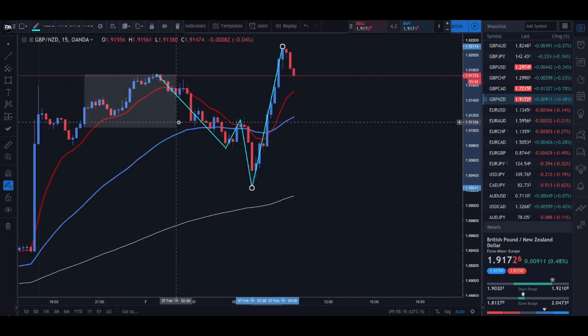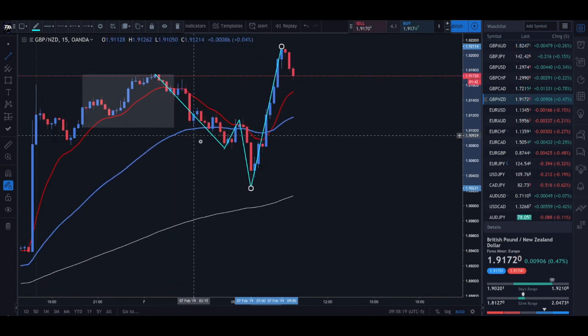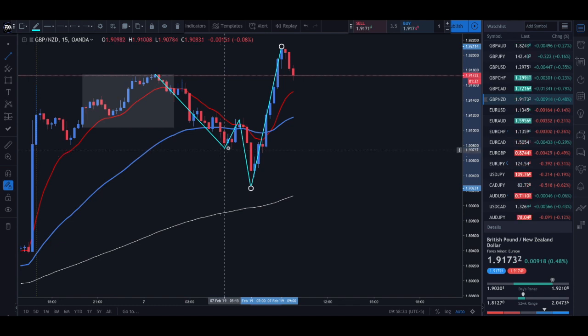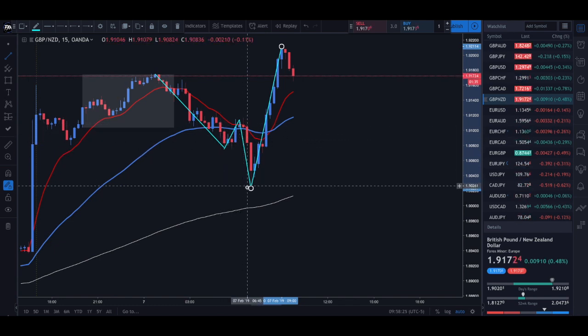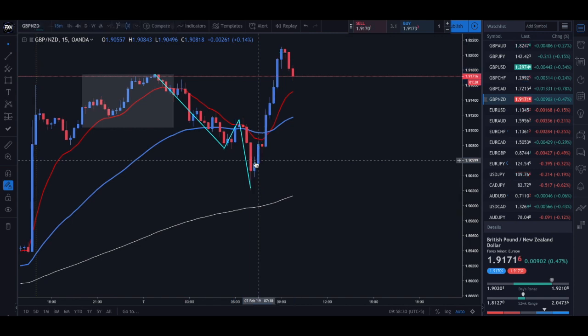And that's what we end up getting here, which is the initial move down to get sellers into the market, accumulation, and then the push down again to get sellers to sell.